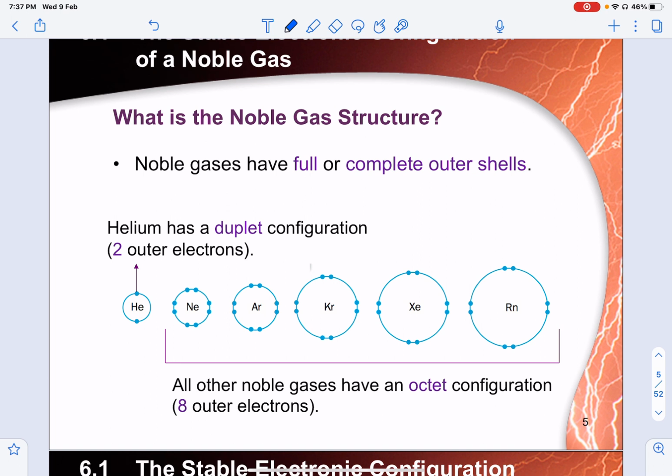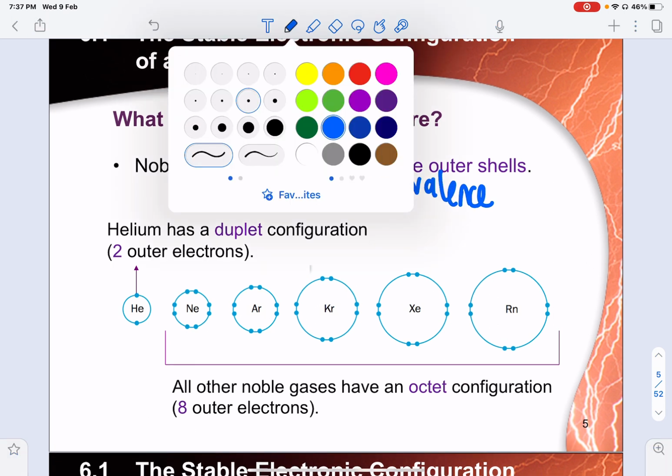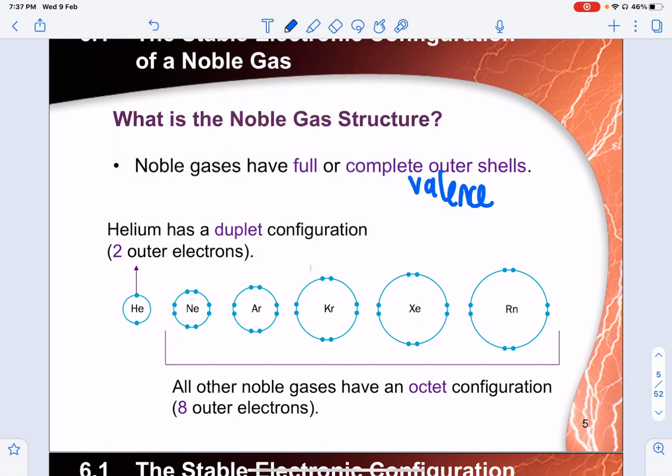So when we talk about a complete outer shell, we are talking about the valence electron shell, the one right at the outside. One common statement that they always ask is, for neutral atoms, is it true that all group 0 elements contain 8 valence electrons? The answer is wrong.